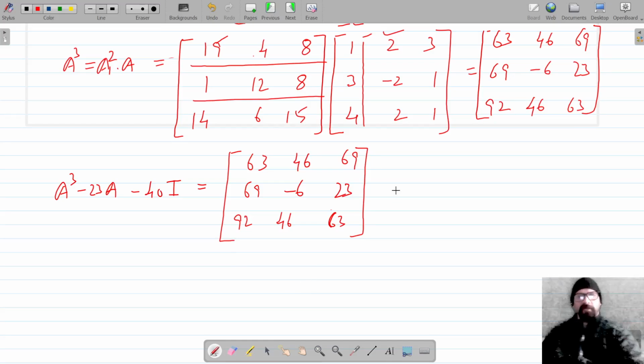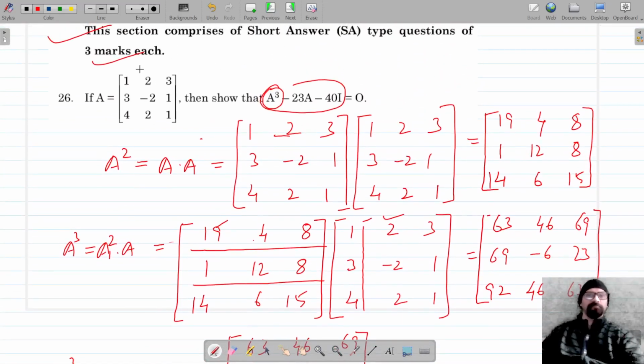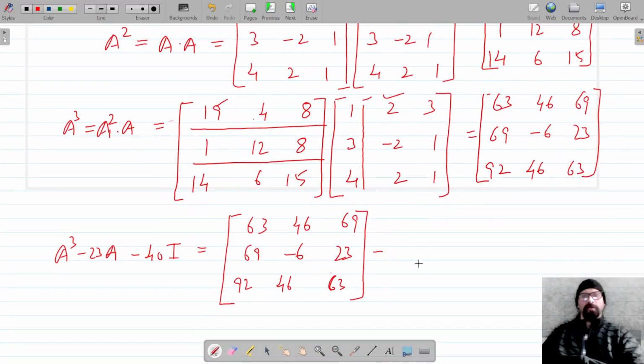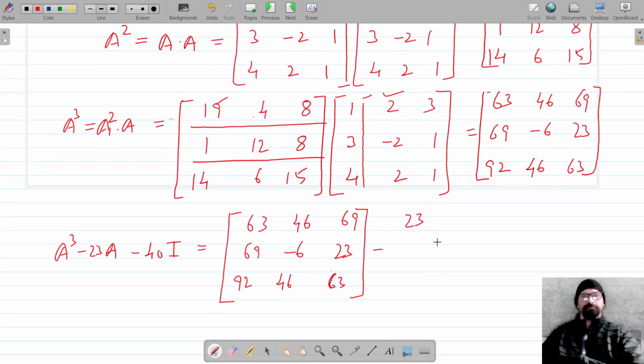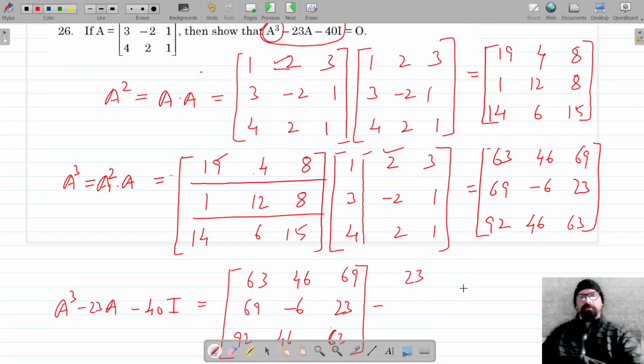Okay, now we have to write down minus 23 into A. So let's multiply each term by 23. 23 into 1 is 23, 23 into 2 is 46, 23 into 3 is 69.